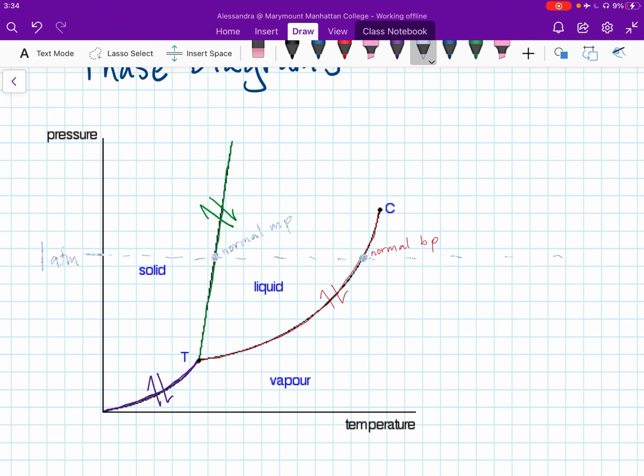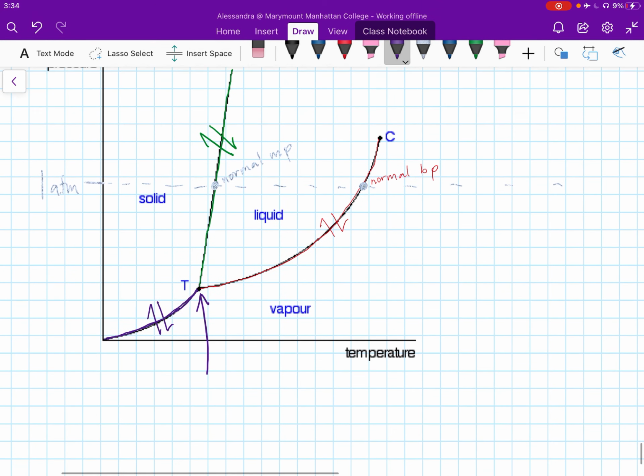What else can you extract from this phase diagram? Oh, very important thing is the triple point. So this little T here marks what's called the triple point. So the triple point is where all those demarcations come together in the phase diagram. The triple point is a special point where all three phases exist in equilibrium.